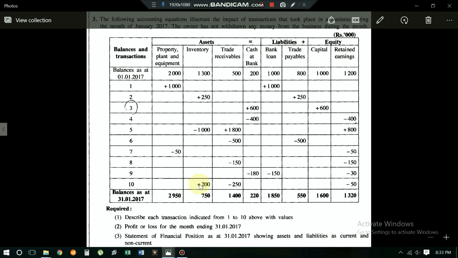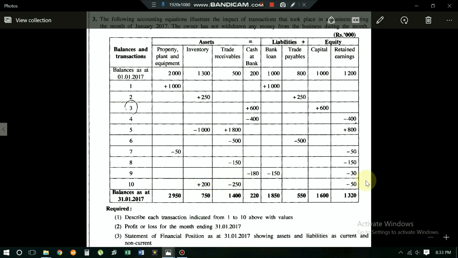If you purchase, your cash go down or liabilities go up. Nothing has been affected in this case. That means this should be obviously return of sale. So you can write return of 250 by debtor worth 200 worth stock.